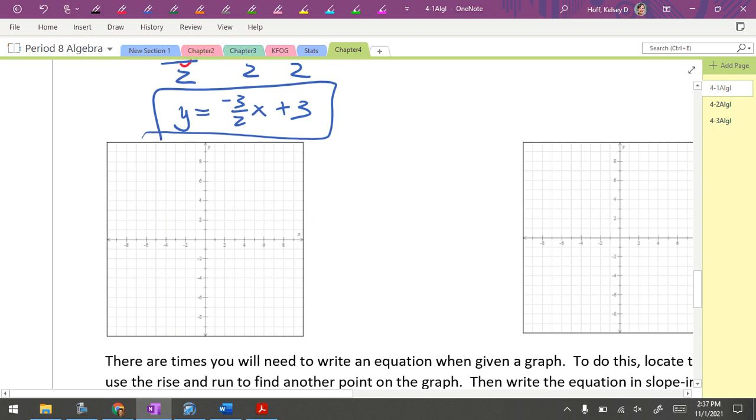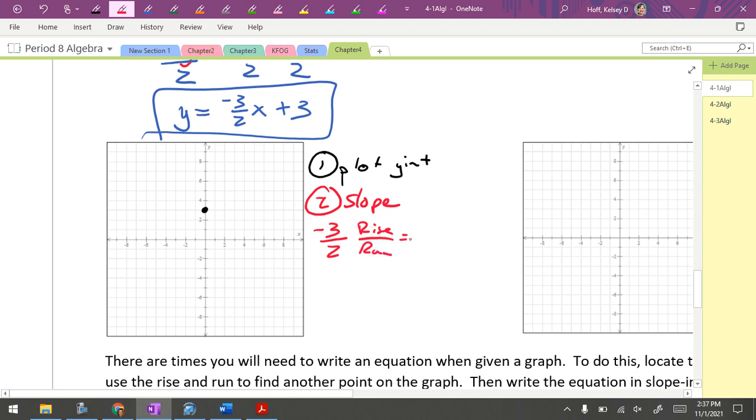Now, how do I graph that? Plot your y-intercept, which is at 3. I know your graphs aren't great. Make it as close as you can. Then we need to use our slope. Our slope is -3/2. So what does that tell me to do?